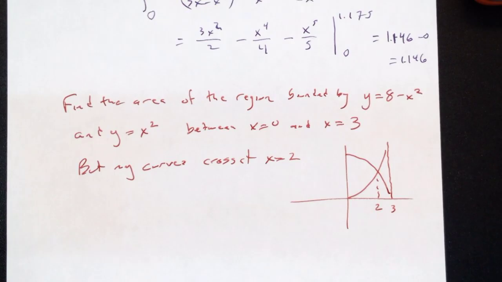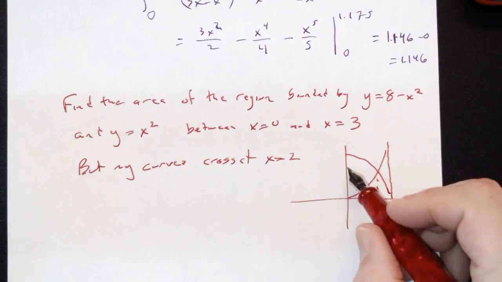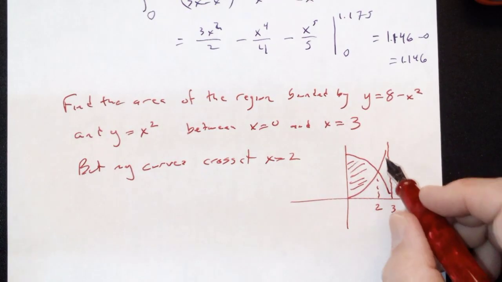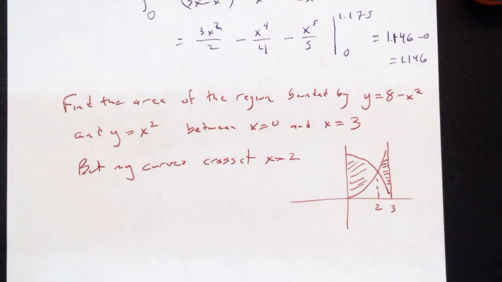So really, I've got two areas. I've got this area, and I've got this area. And the curve that's on top in the left area is the one that's on bottom in the right area.